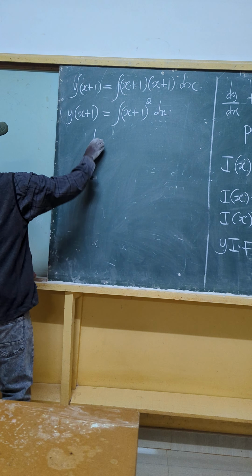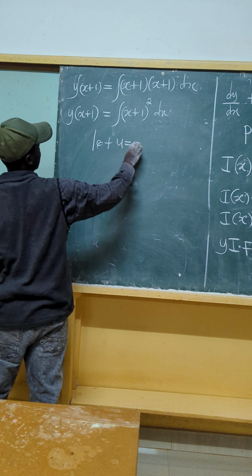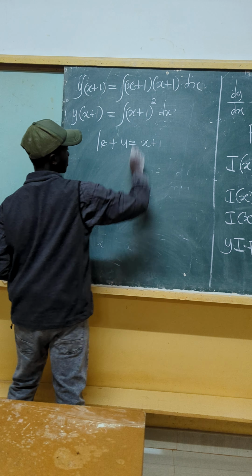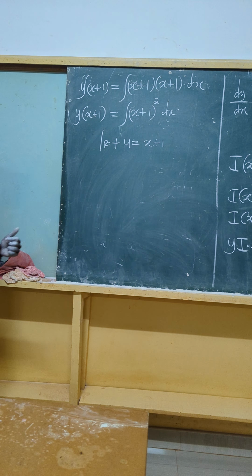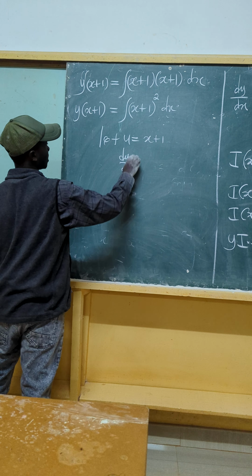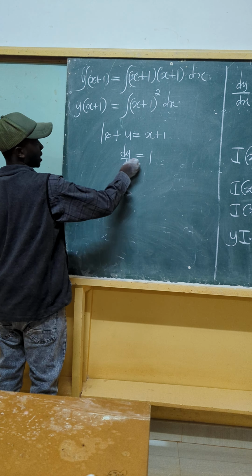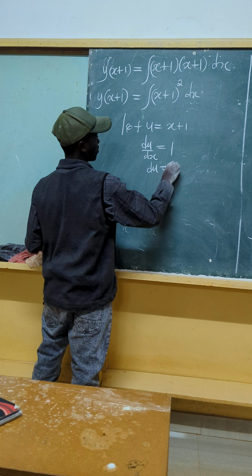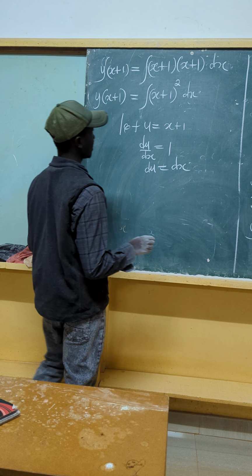So we say let u be equal to what is inside, which is x plus 1. We differentiate this with respect to x, so du over dx equals 1. We make dx the subject, so du equals dx, like that.